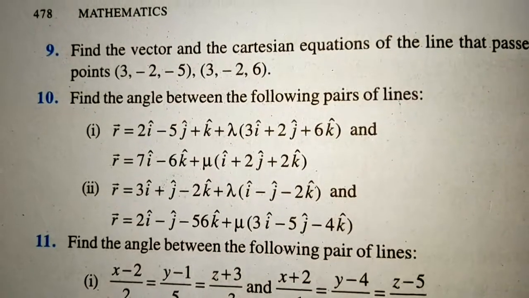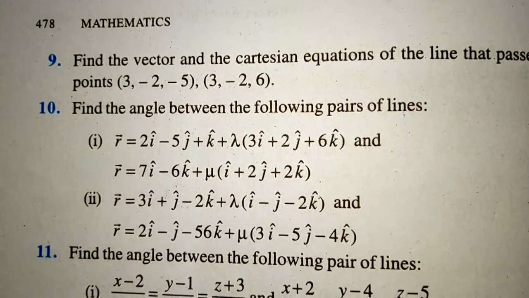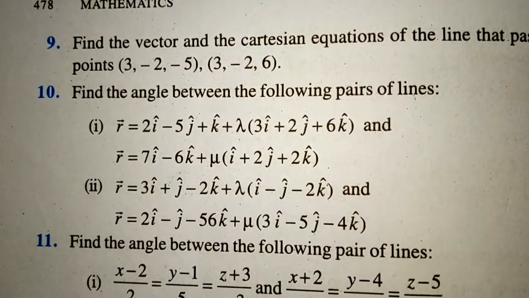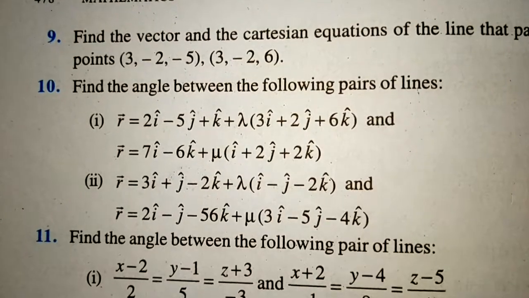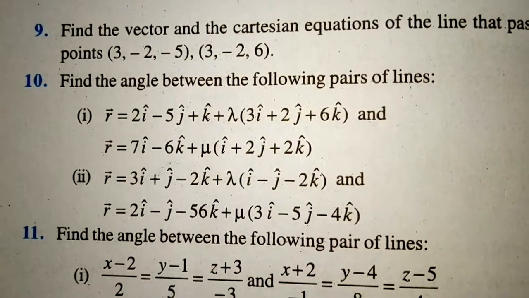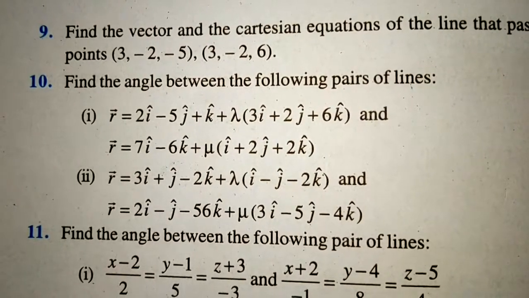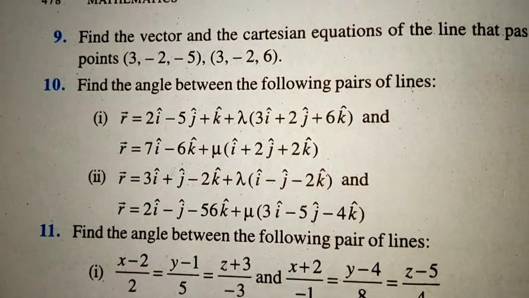Question number 10. Find the angle between the following pairs of lines. Number 1. Vector r equals 2i cap minus 5j cap plus k cap plus lambda (3i cap plus 2j cap plus 6k cap), and vector r equals 7i cap minus 6k cap plus mu (i cap plus 2j cap plus 2k cap).